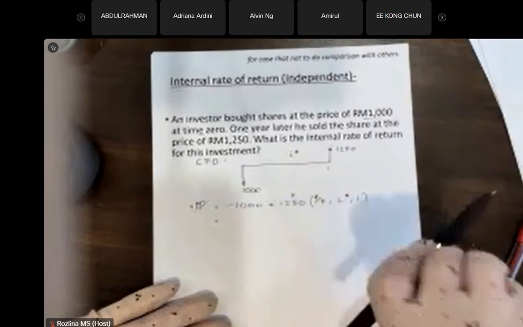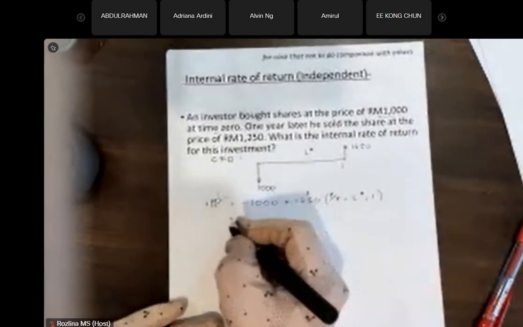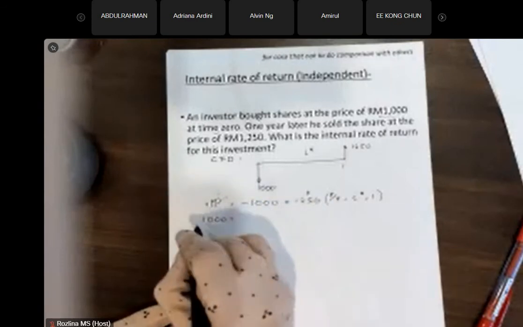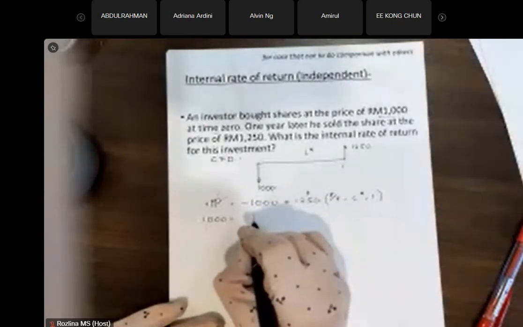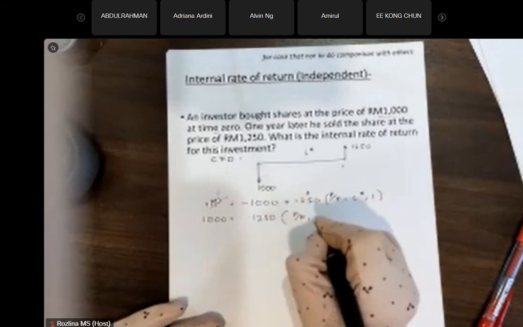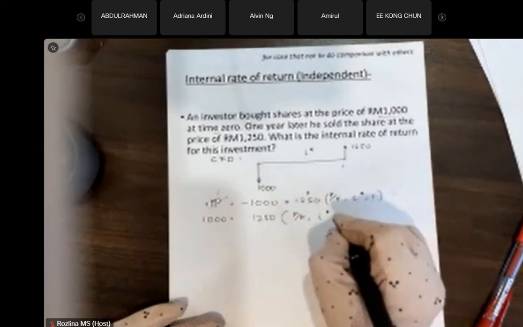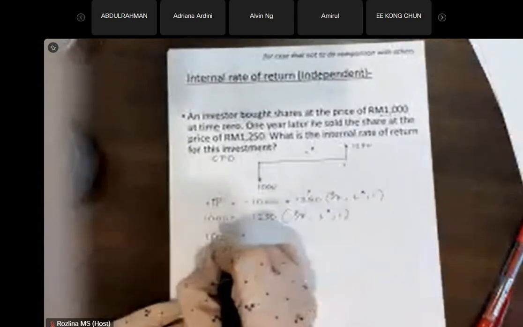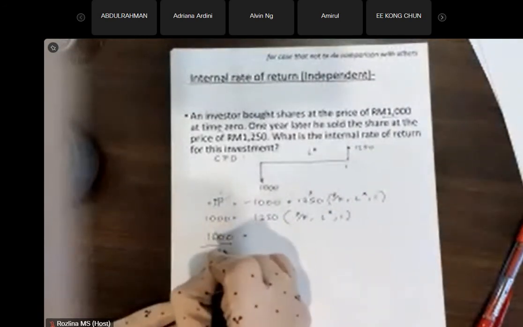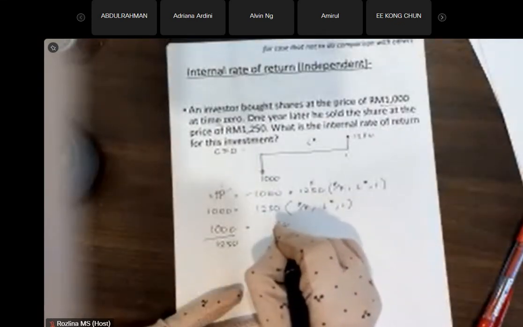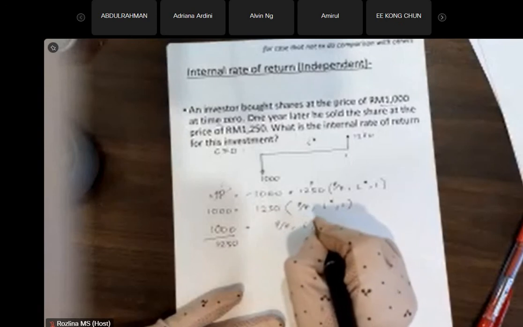Okay, after you assume this one is 0, so as usual, bring to the left the positive: 1,250 P over F, I, straight 1, equals 1,000. Okay, P over F, I, 1.